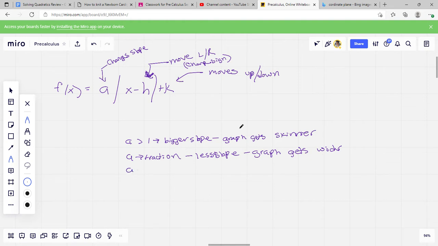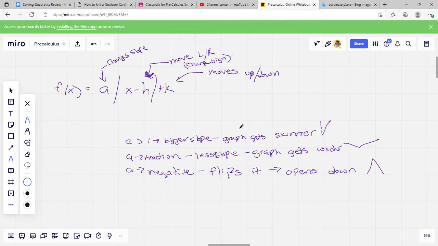If A is negative, it flips it upside down. It's going to open down. Like that. Right, here's a wide one, and here's a skinny one. Okay.